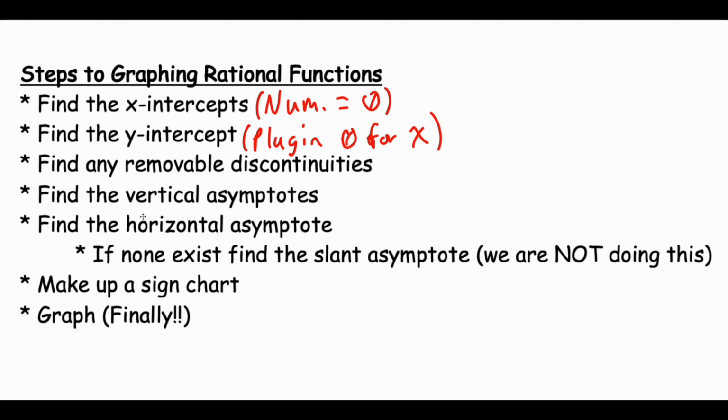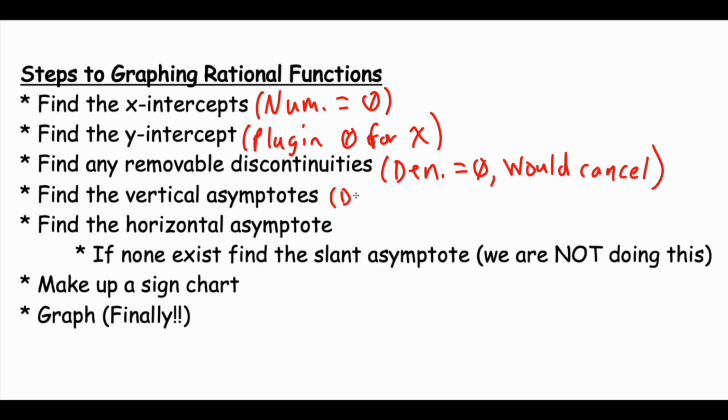Removable discontinuities and vertical asymptotes start off the same way, and that is, this is where the denominator equals 0. But then the removable discontinuities have a matching factor on the top. So the way that we did this was we said that it would cancel. We don't actually cancel it, but it would cancel, basically just meaning that it has a common factor up top.